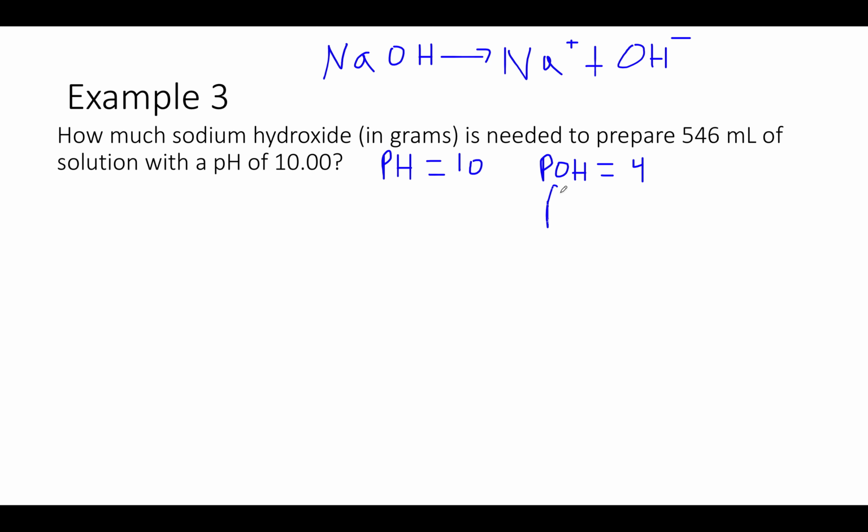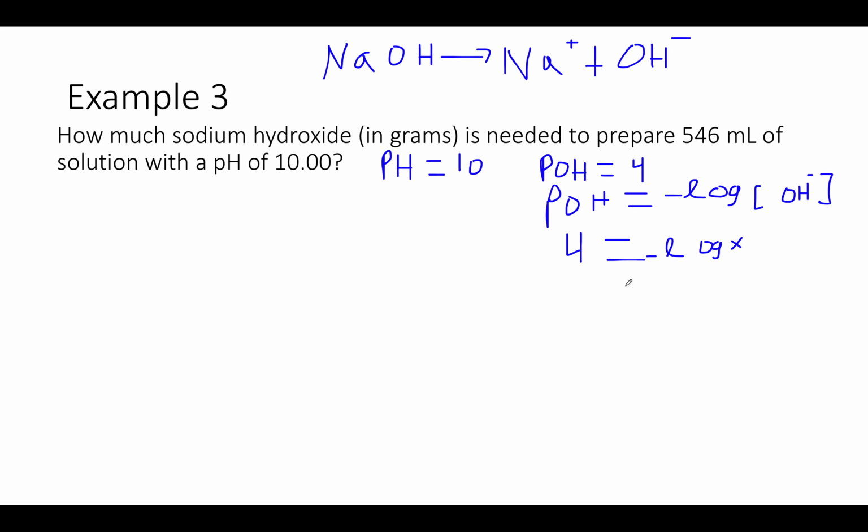Now if I want to know the concentration of hydroxide ion in solution, I need to solve for it using the equation: the pOH equals the negative log of the hydroxide ion concentration.